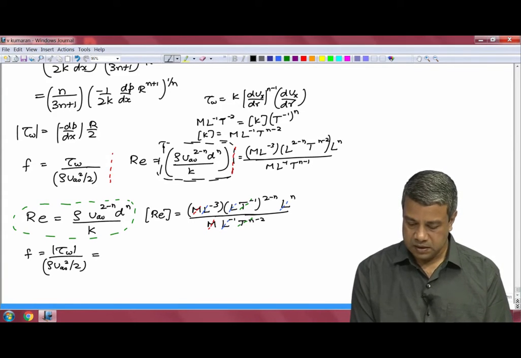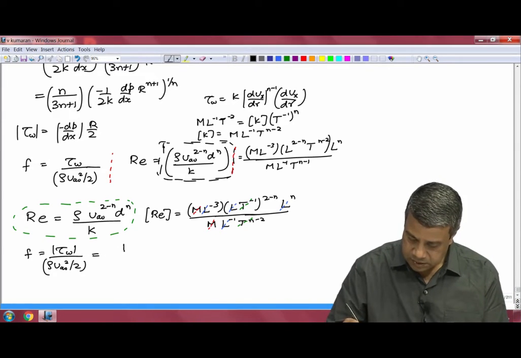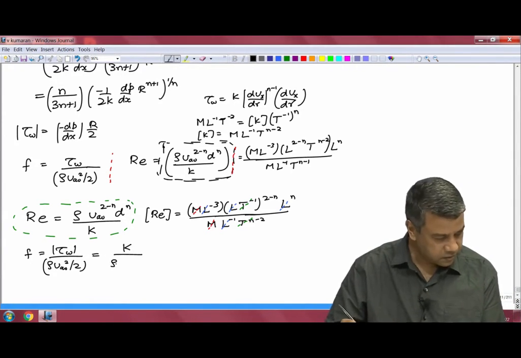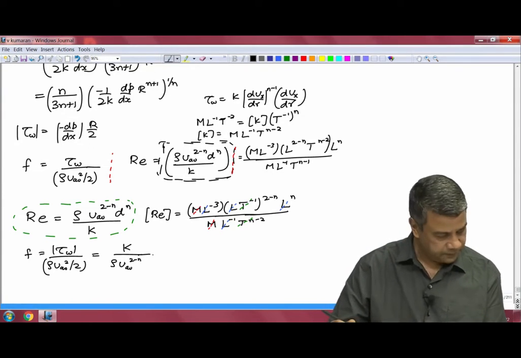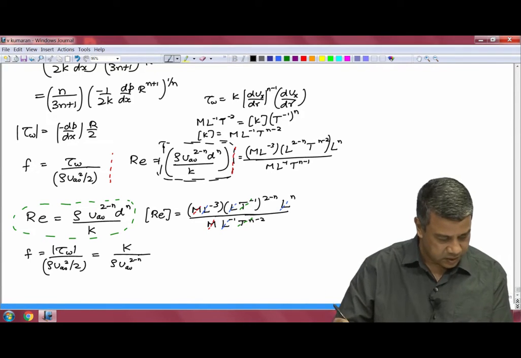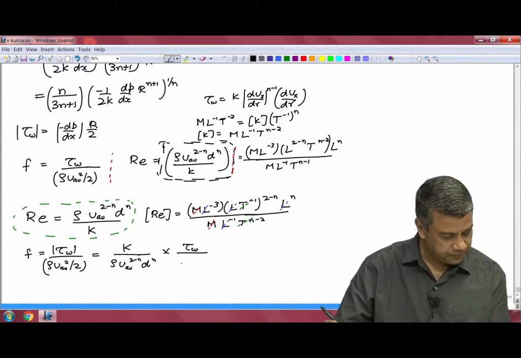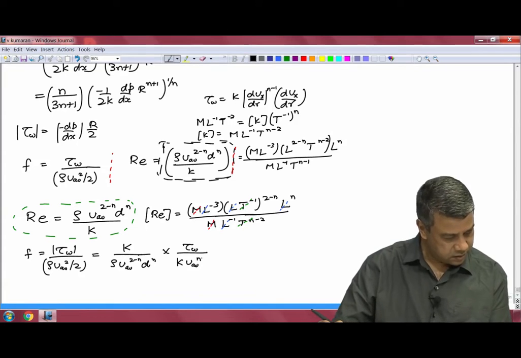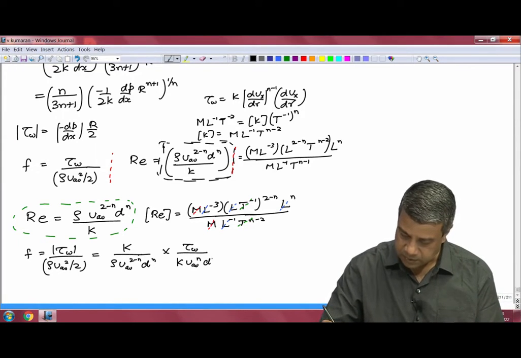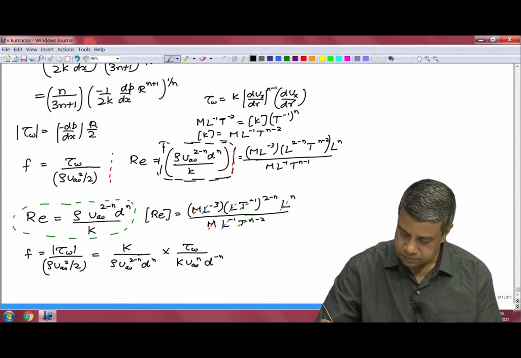So, I can write this as 1 over Reynolds number, that is rho V average power 2 minus n into d power n, into tau w divided by k into V average power n, into d power minus n, by 2.